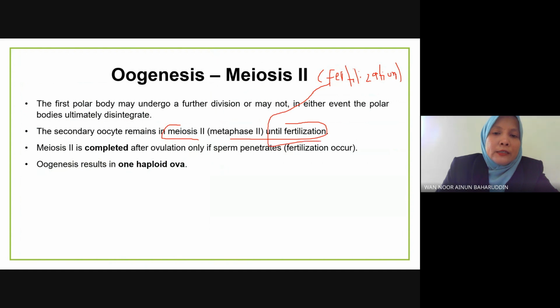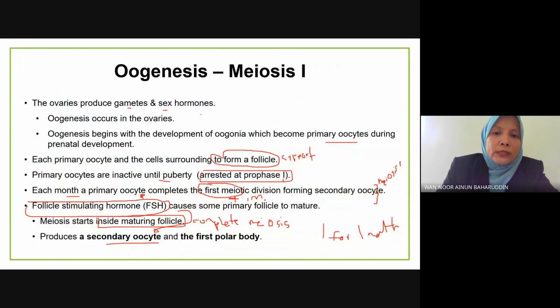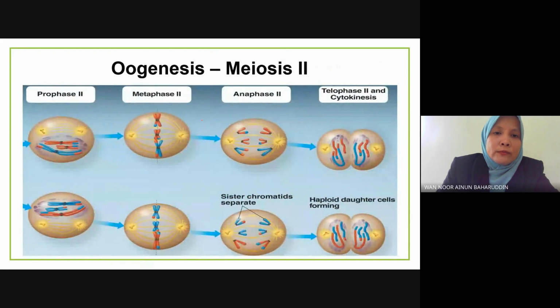After fertilization, they complete anaphase and telophase. So the secondary oocytes will remain there until metaphase 2 only, not metaphase 1.